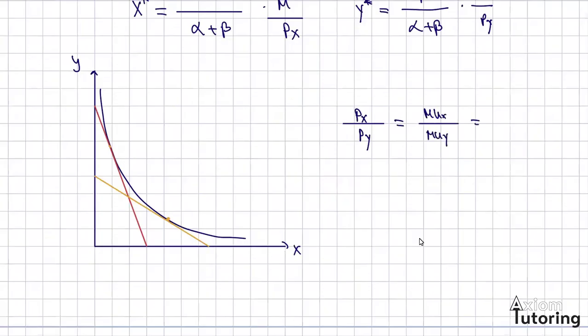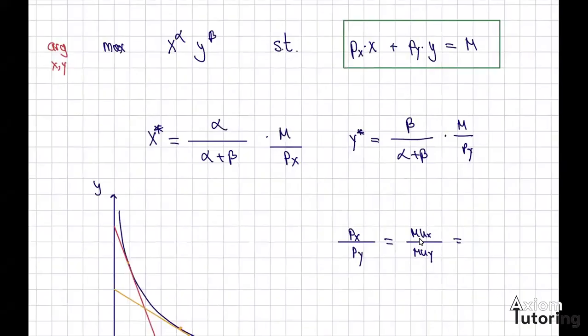So if you take a standard Cobb-Douglas, and you do a marginal utility of x, I'm going to treat x as the variable, y as a constant. So I'm going to have alpha x to the alpha minus 1, y to the power of beta. That's the marginal utility with respect to x. Marginal utility with respect to y, I'm going to treat the x to the power of alpha as just a constant, so constant times beta y to the beta minus 1.